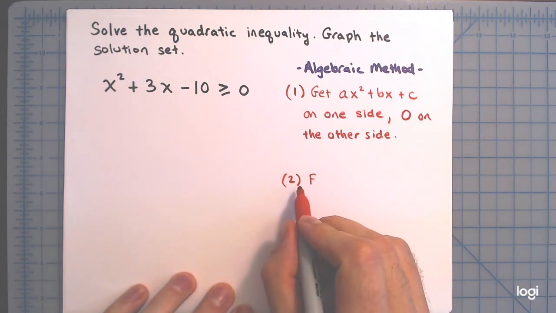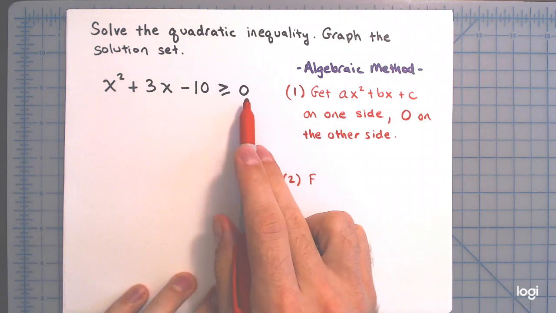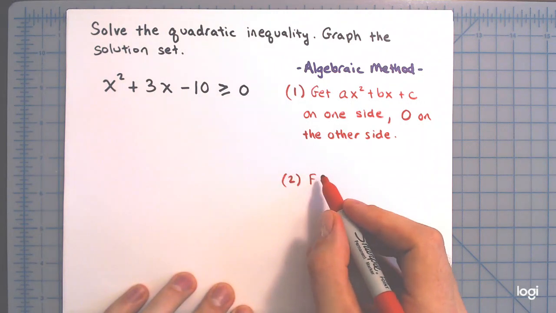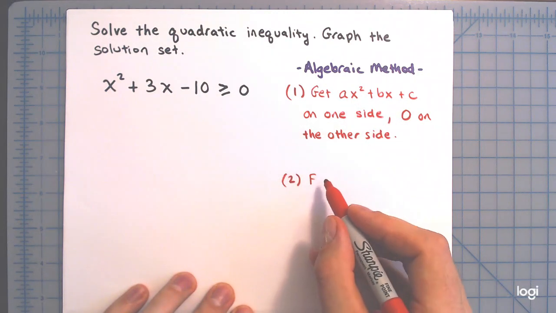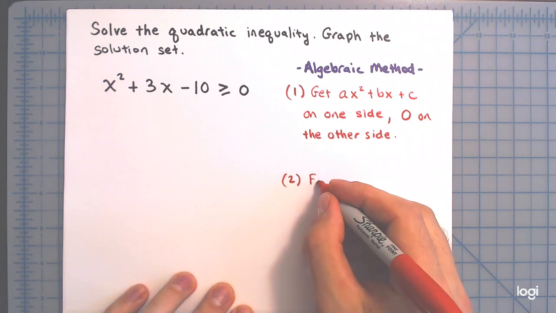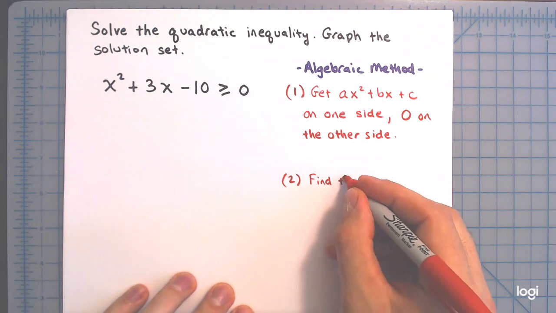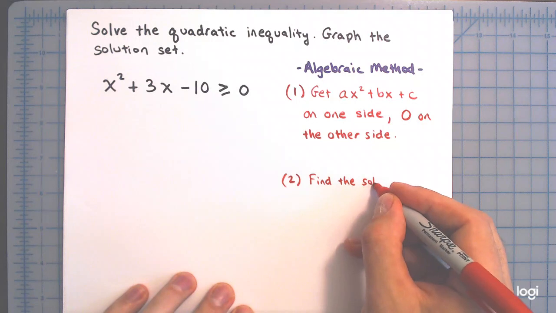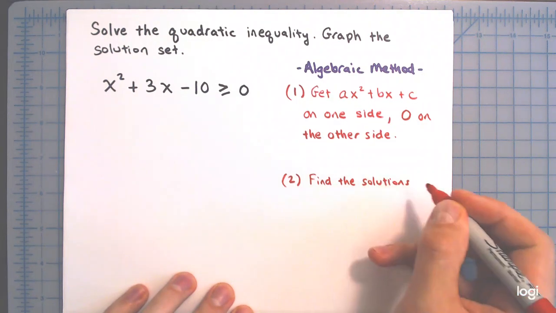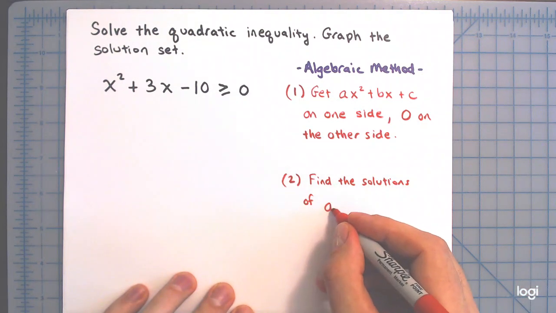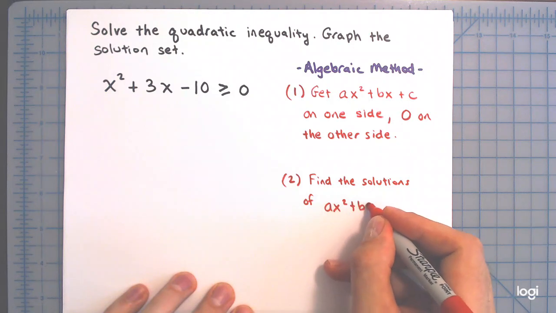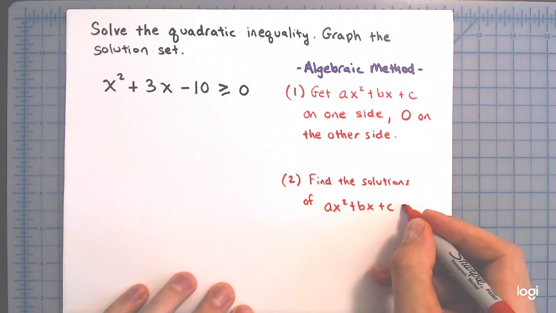For this second step, the reason I wanted to get 0 on the other side is because after I take everything on one side, 0 on the other, I'm going to find the solutions of ax squared plus bx plus c equals 0.